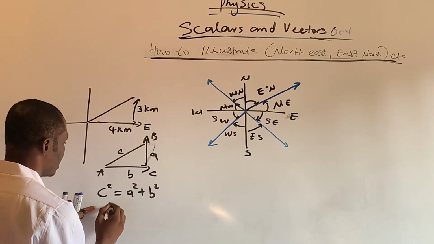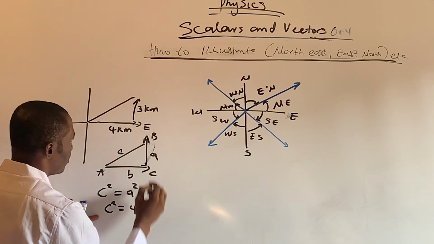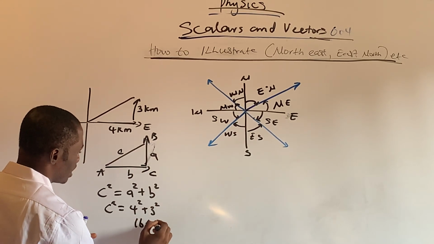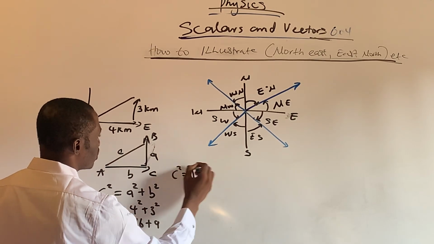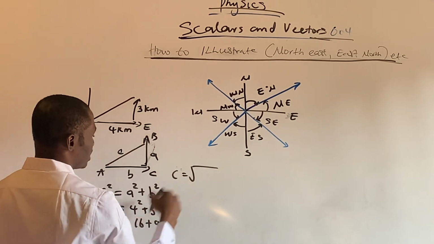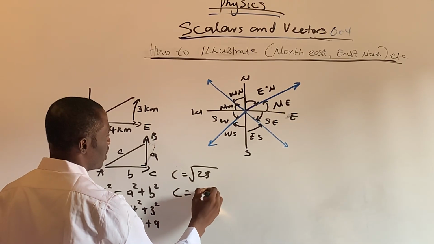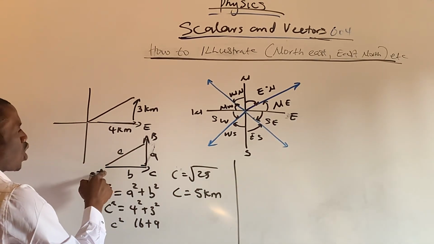So what I have is c squared equals 4 kilometers squared plus 3 kilometers squared. This is 16 plus 9. And then c squared equals 25, so c equals 5 kilometers. Now, how do I find the angle of inclination?